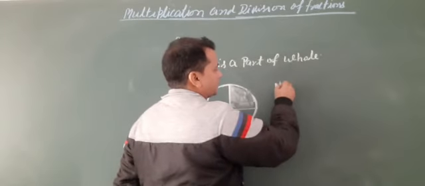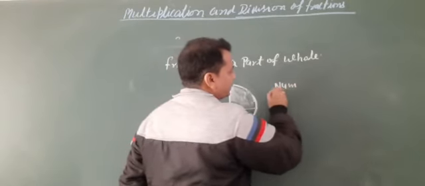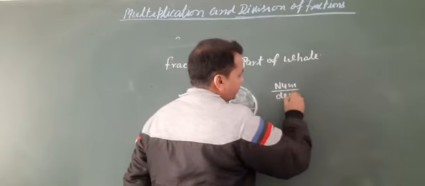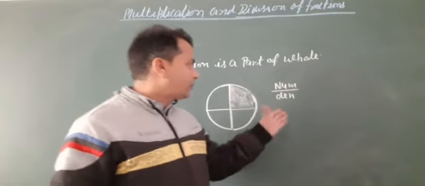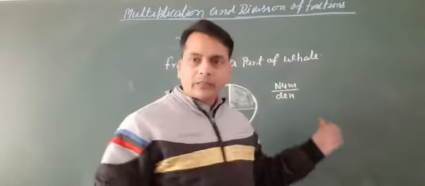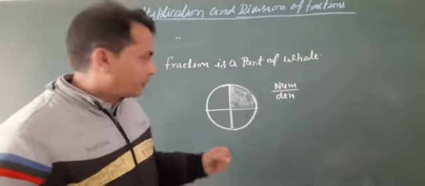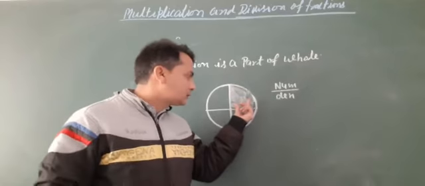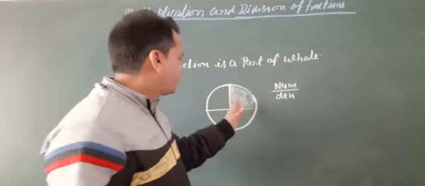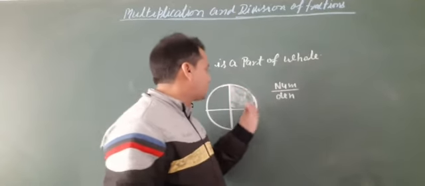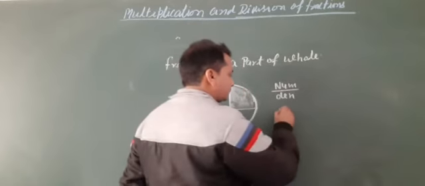Numerator by denominator. So what is the numerator? According to the definition, the numerator is how many parts have been taken. Here one part is shaded out of the 4, so the numerator becomes 1.